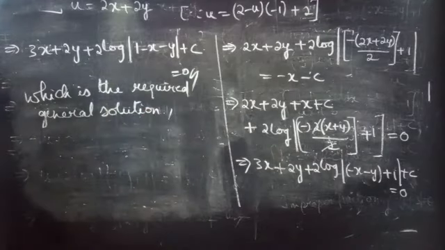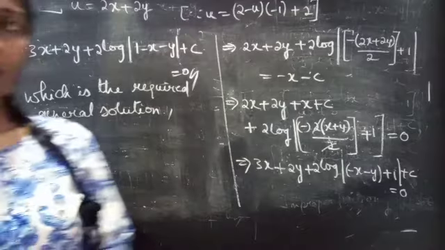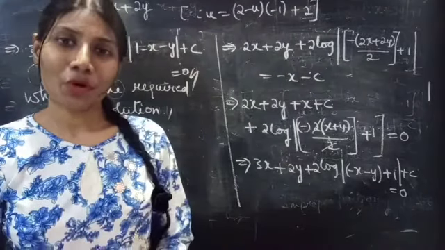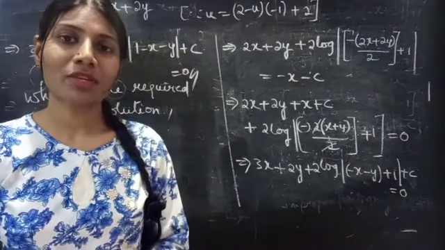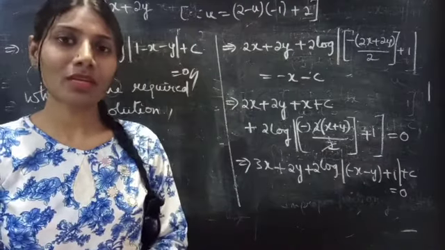Okay, so this completes the problem. So we have seen a problem from non-homogeneous differential equations in this video. Hope you'll understand. We'll see you in the next video. Until then, bye bye.